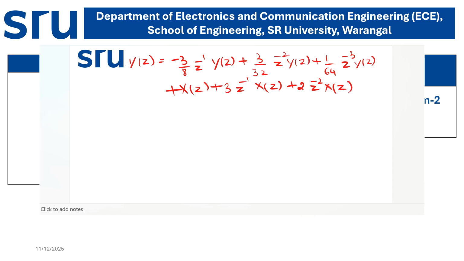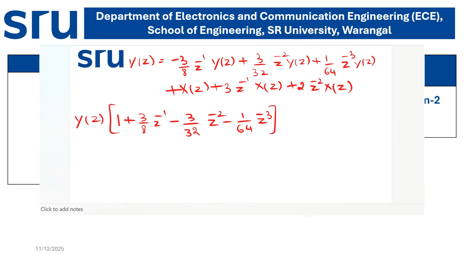Now take y of z as common, the terms which have y of z. This is the first term, y of z times 1. Take all the y of z terms to the left hand side. Then you will have plus 3 by 8 z power minus 1 minus 3 by 32 z power minus 2 minus 1 by 64 z power minus 3.